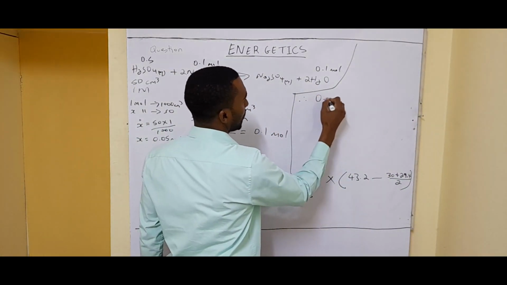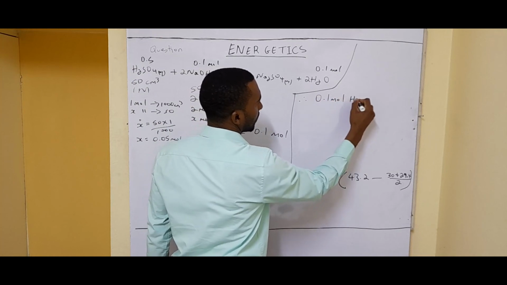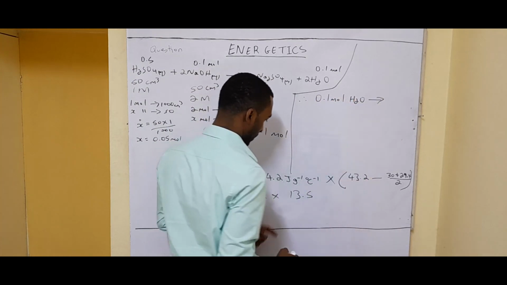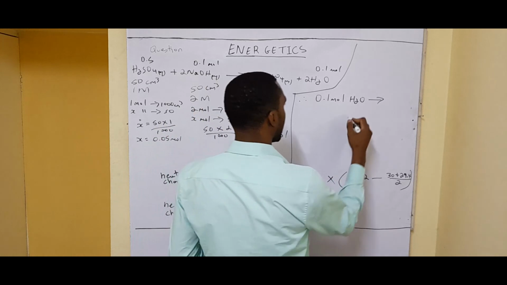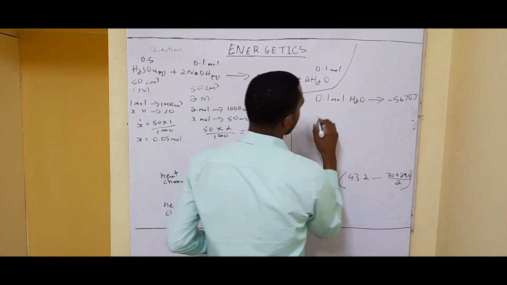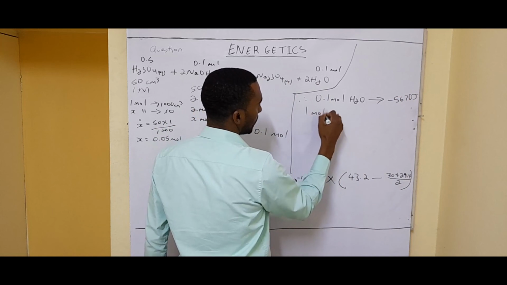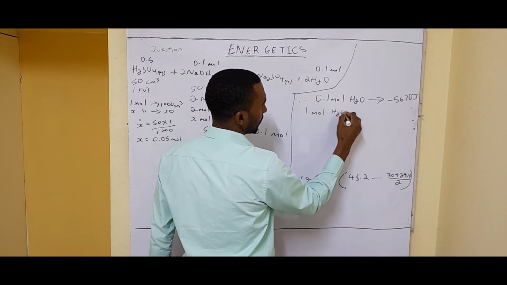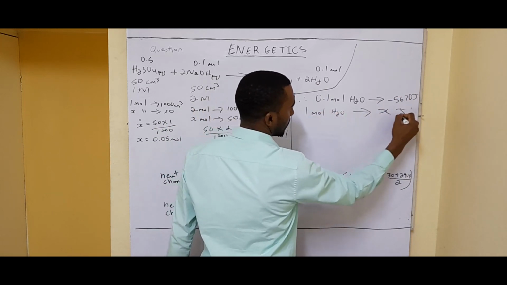Therefore, 0.1 mole of H2O produces minus 5670 joules. Therefore, 1 mole produces x joules.